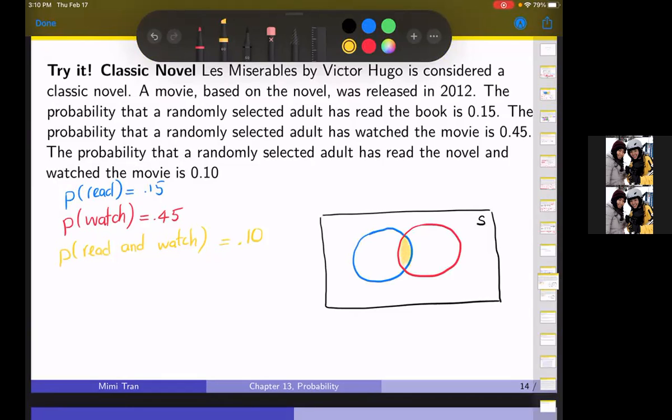So the yellow right here, that's P of A and B. So this one is A, this is B, and this is A and B. That's how I want you to represent it on your exam if I ask you to draw a Venn diagram for the problem.